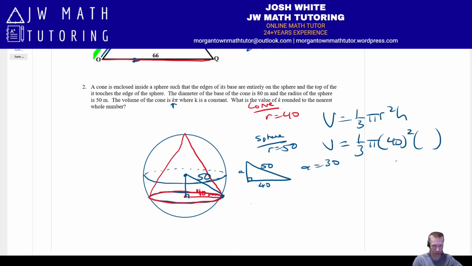How do we get the height of the cone? Well, we know this is 30, and then we also have this part right here. Notice again, this is a radius of the sphere, so this is also 50. Therefore, the height of the cone will turn out to be 80. Thus, you can just plug everything in right here and then multiply this all out.